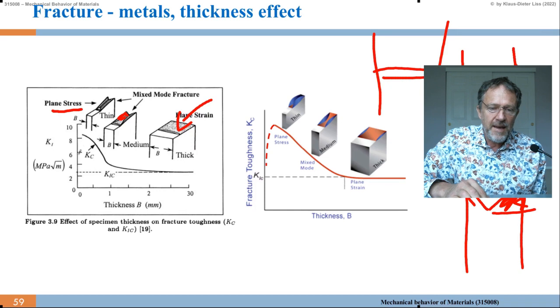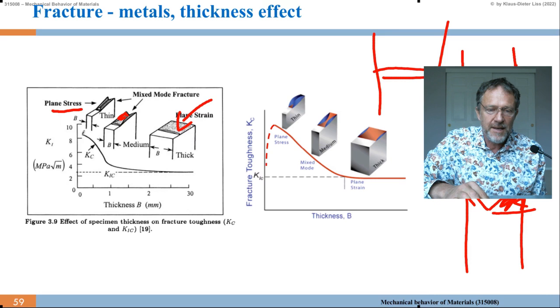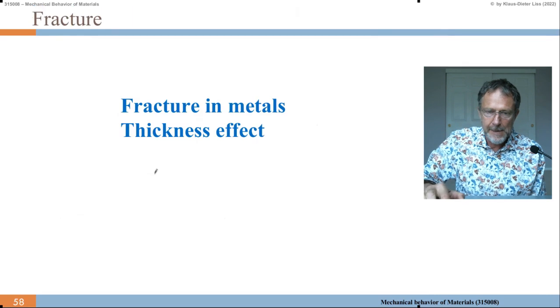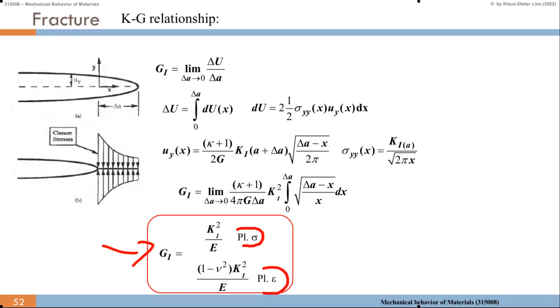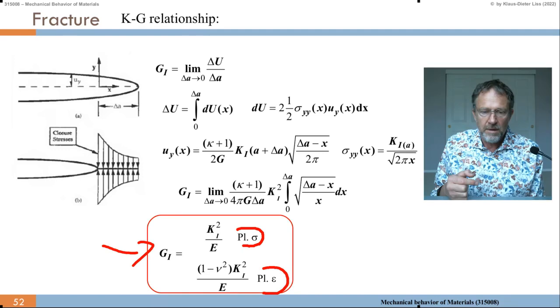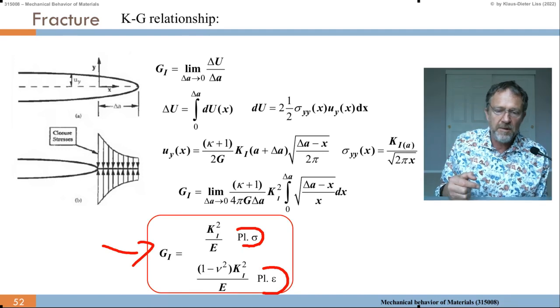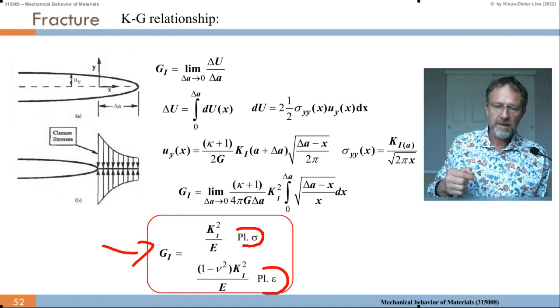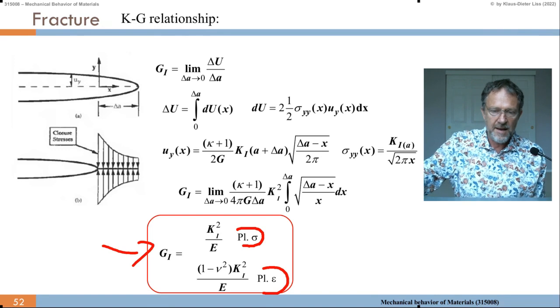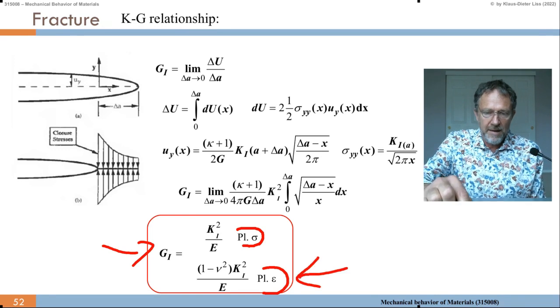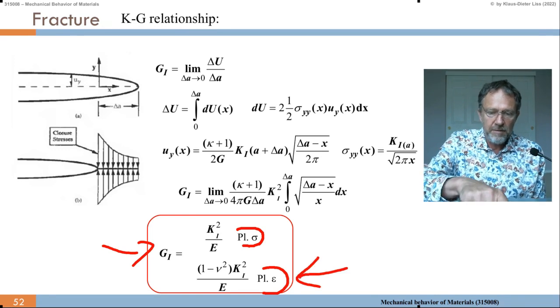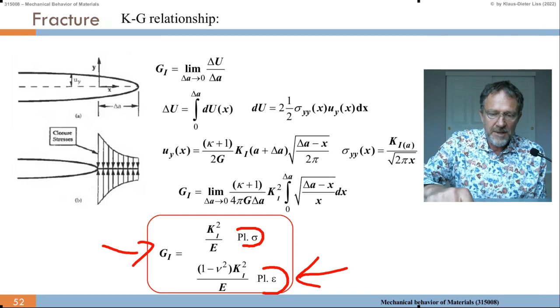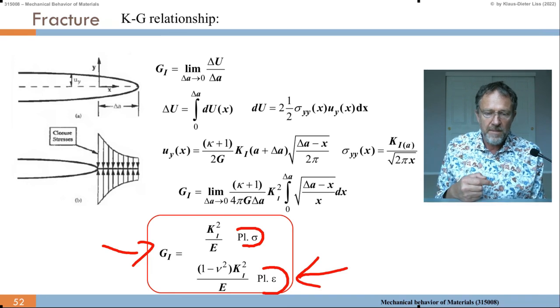So the K critical goes down from the plane stress to the plane strain. Here, for example, if we look at the G1, the SERR, I remind you that for the plane strain we have the factor 1 minus nu squared with respect to the plane stress.